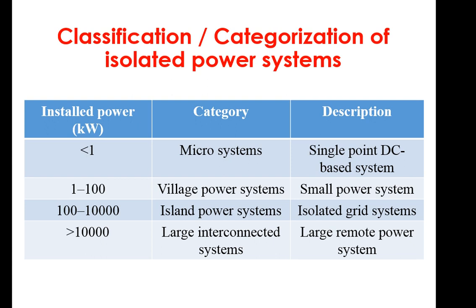If you have 100 to 10,000 kilowatt, or you can say 10 megawatt, it is an islanded power system, which is used where grid connection is not possible in an isolated area. If it is greater than 10,000 kilowatt or 10 megawatt, it is a large connected system, or it is also used for large remote power systems.